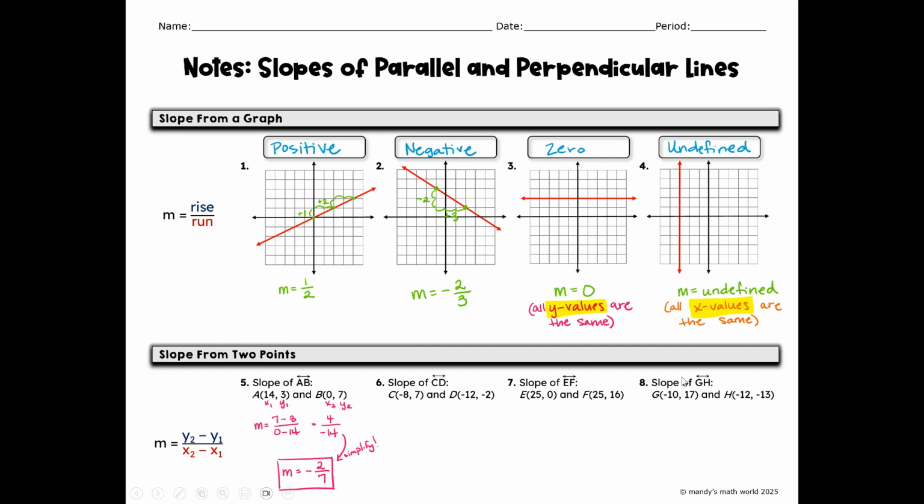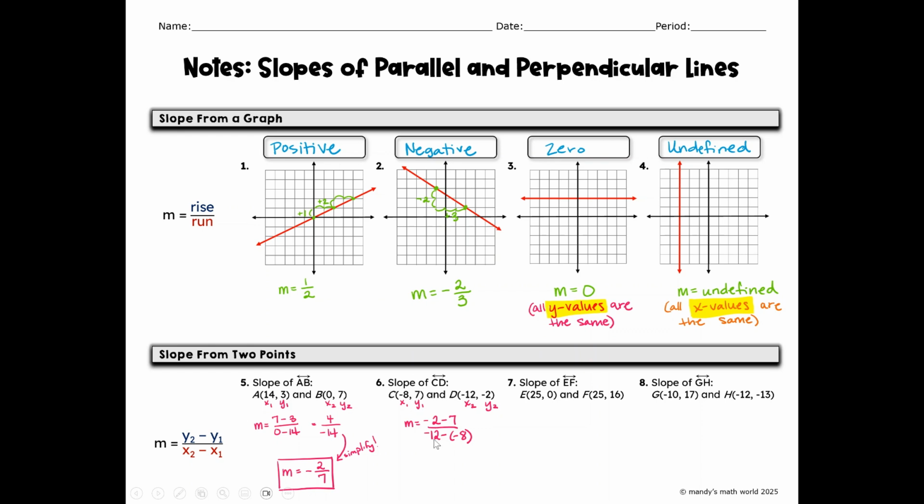Let's look at number 6. The slope of line CD with these points, I'm going to label x1, y1, and x2, y2. And then I'm going to plug it into my slope formula and solve. So m is -2 minus 7 over -12 minus, be careful here, -8.